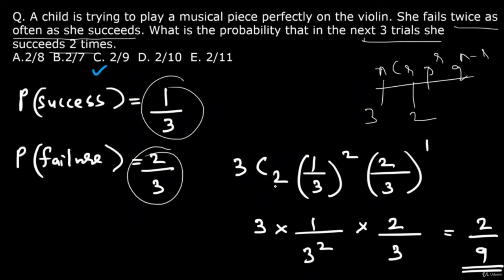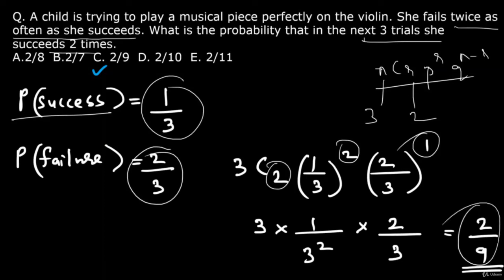So you get 3C2 into 1 by 3, which is the probability of success, to the power 2, into 2 by 3 to the power 3 minus 2, which is 1. Now 3C2 is equal to 3C1 and that's equal to 3. And over here you have 1 by 3 square into 2 by 3. This simplifies to 2 by 9, which is answer option C.